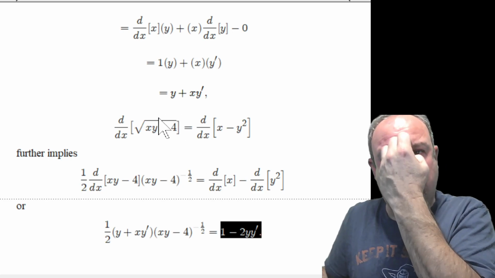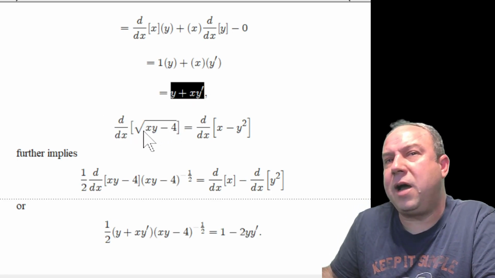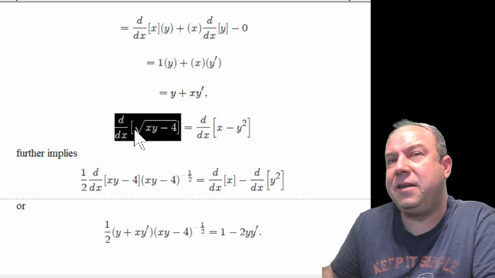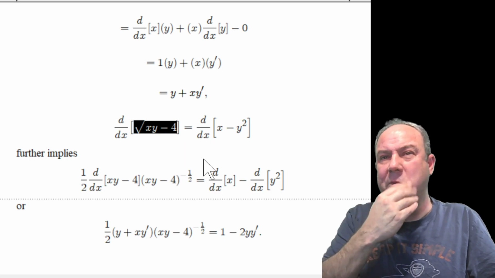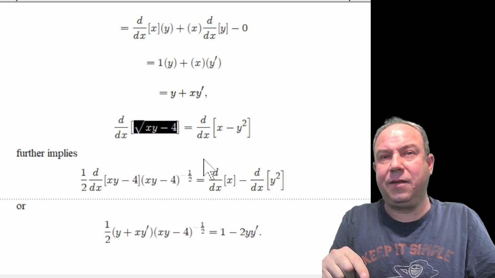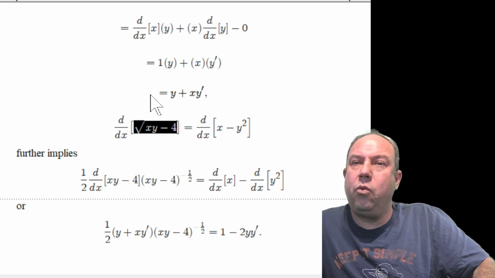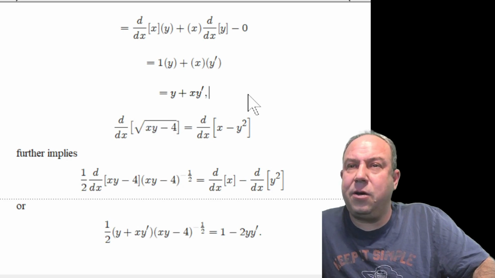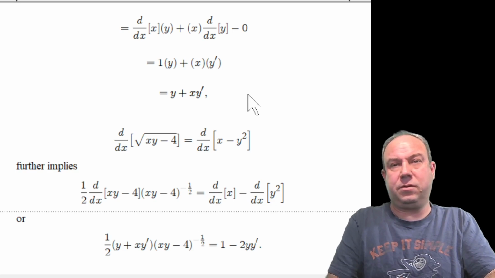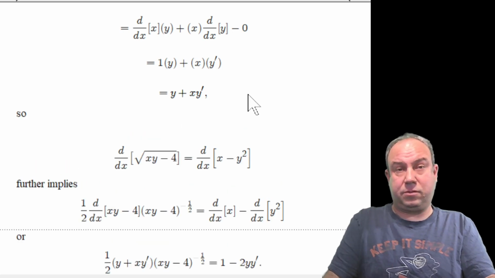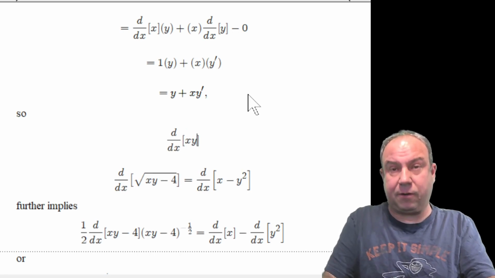Oh, and I ought to be careful here. What we just found above with this y plus xy prime is the derivative with respect to x for that. Oh, I should be careful there. That's not that radical. Let me say this. I think it gets a little mashed up here.